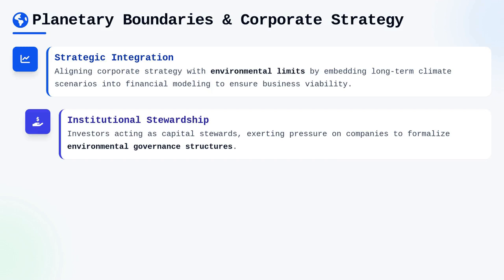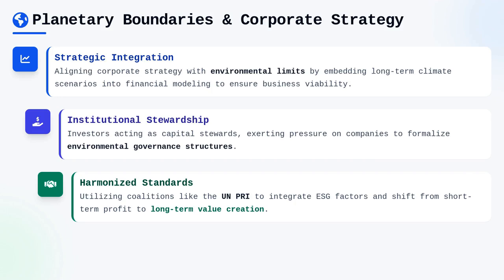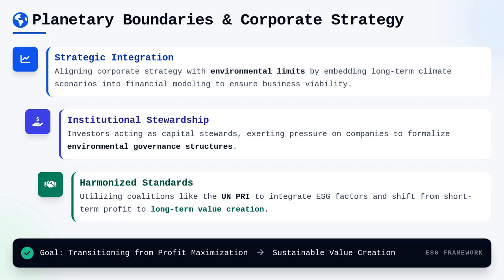This is where voluntary private sector coalitions provide the necessary guidance for harmonizing industry standards across global portfolios. Initiatives such as the United Nations Principles for Responsible Investment have become essential frameworks for institutional asset managers to communicate their commitment to integrate environmental, social, and governance issues into investment analysis and decision-making processes. These principles help investors move beyond short-term profit maximization toward a more sustainable long-term value creation model.